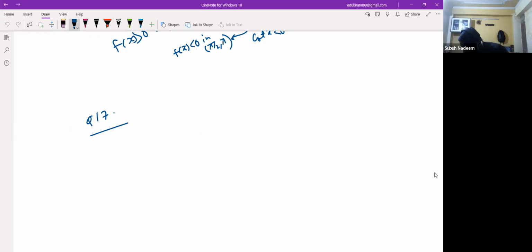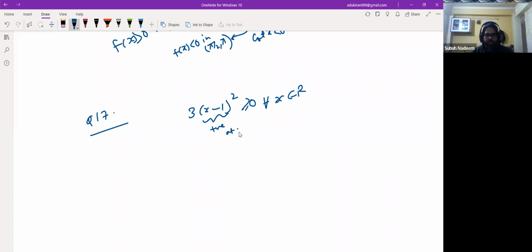I got 3 bracket x minus 1 whole square is greater than 0. Okay, that is 3x square minus 6x plus 3. So yeah, this is always positive for all x belonging to real numbers because x minus 1 whole square is a positive value. Equal to 0 is possible at x is equal to 1, not x is equal to 0. So we can say strictly increasing, if we can't say increasing. At x is equal to 1, it will be 0. Fine.